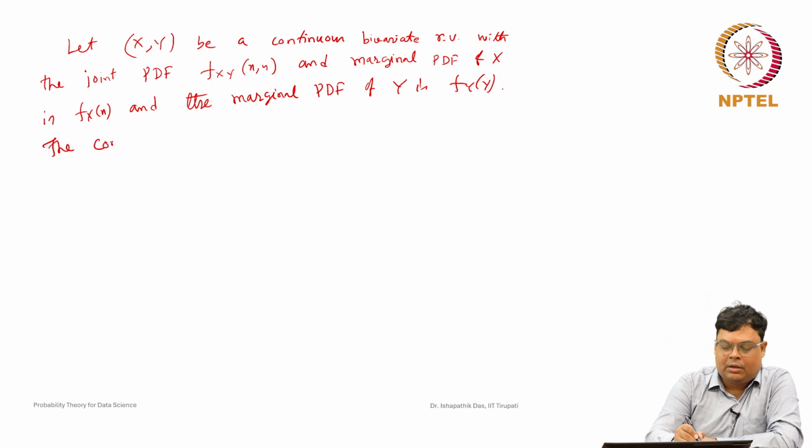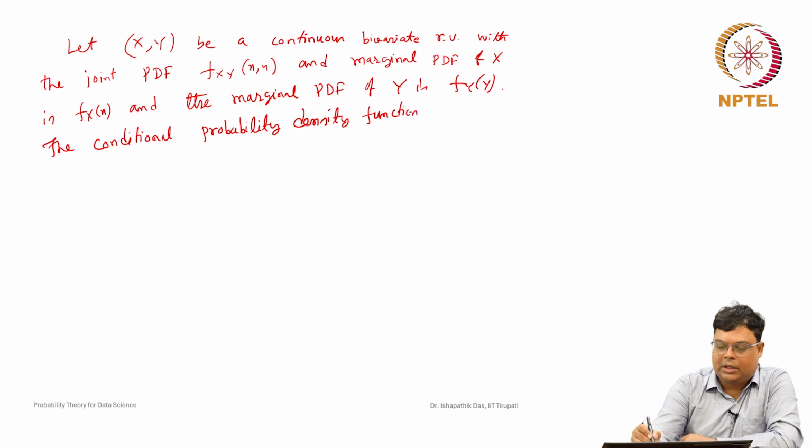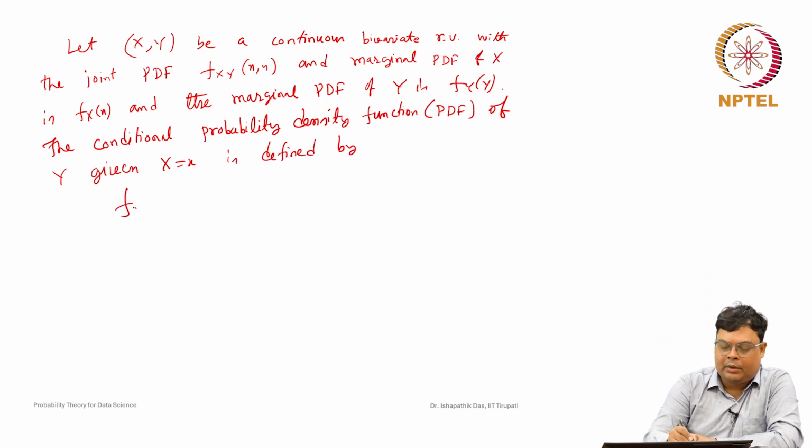The conditional probability density function, P.D.F., suppose we are talking about Y given X equal to some point x, is defined by f(y|x).